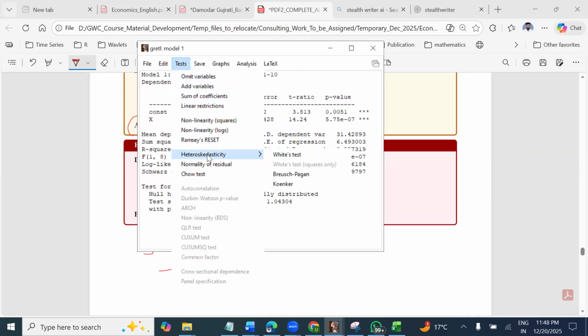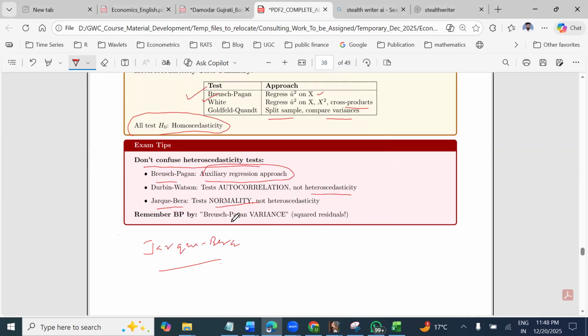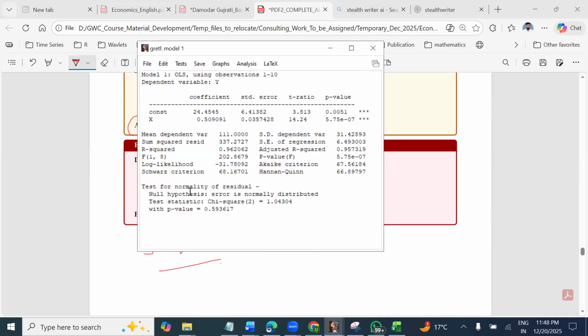Okay, very good. Madhusita, we have not done heteroscedasticity, but we have done it through the null hypothesis. What is the null hypothesis? Null hypothesis is normality of the residual. Are you getting my point? Yes, sir. So whether our error terms are normally distributed or not, I'll come to that.